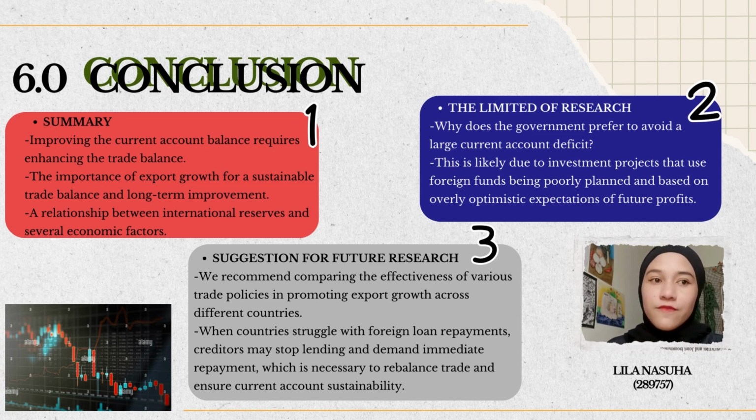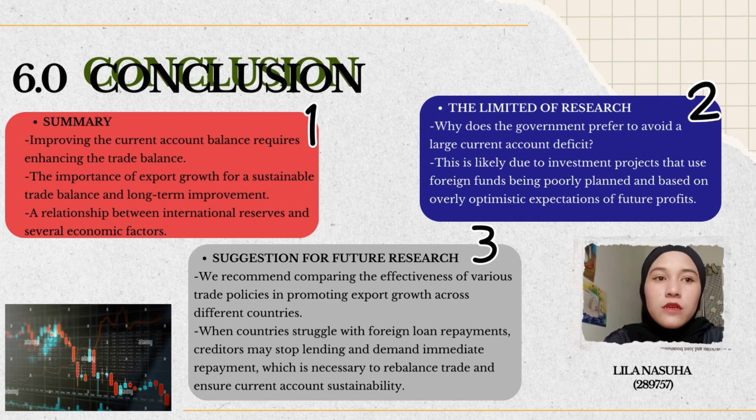Why does the government prefer to avoid a larger current account deficit? This is likely due to investment projects that use foreign funds being poorly planned and based on overly optimistic expectations of future profit. Okay, number 3 is suggestions for future research.